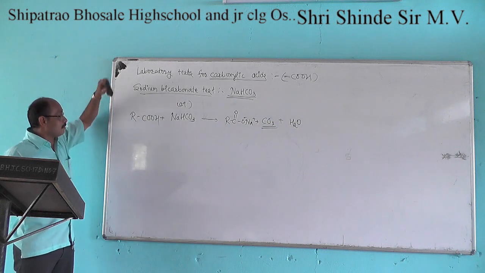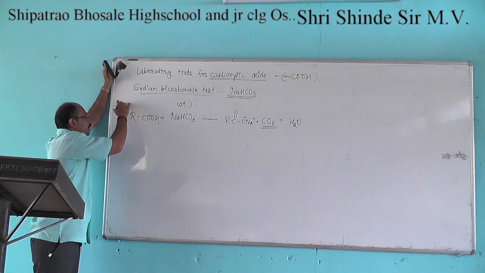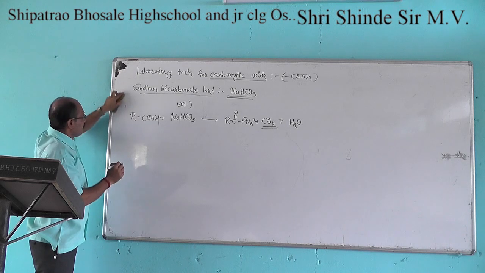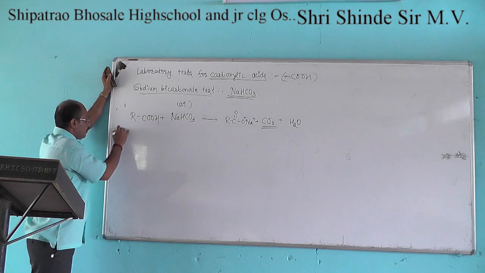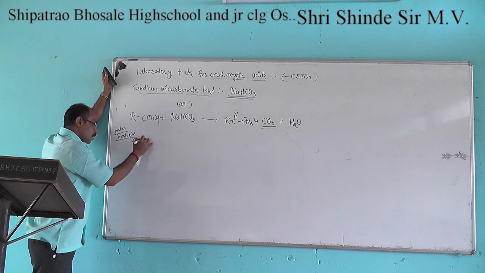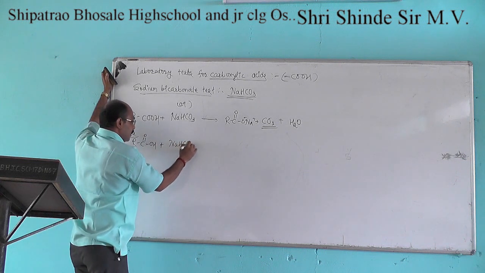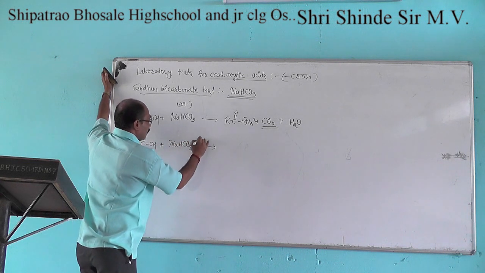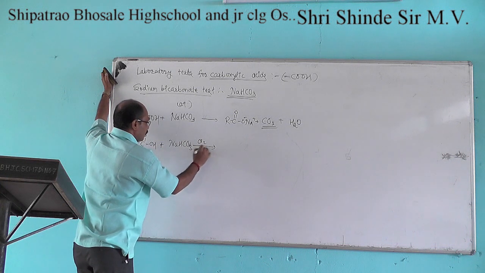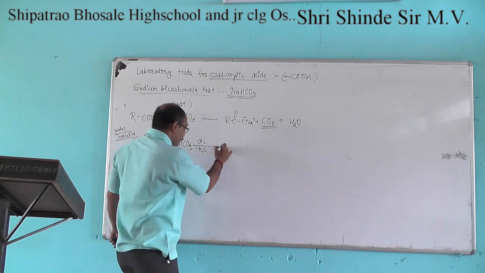This is the test for water soluble carboxylic acids. But when we have water insoluble carboxylic acids, they on treatment with sodium bicarbonate give the corresponding salt, carbon dioxide gas and water molecule.